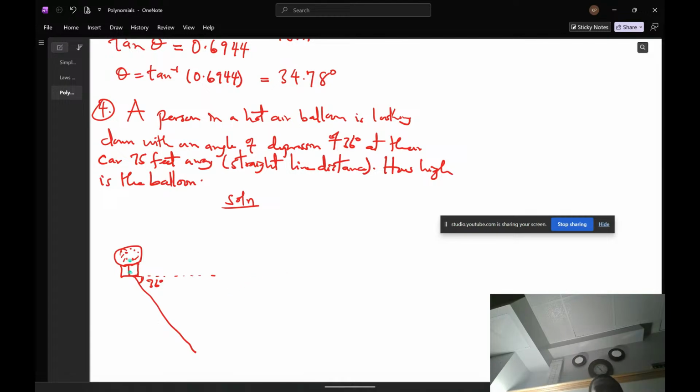So the hot air balloon is up and the car is down. The car is 75 feet away. It says, how high is the balloon? This is what we're looking for, h.